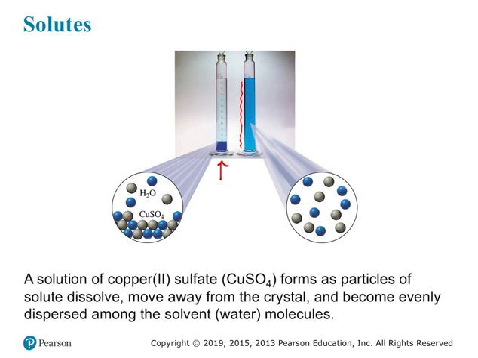And copper 2 sulfate also gives a solution a bluish color. So the solid is blue, and if we add it to water, eventually the water will turn blue as well because it's mixed with copper 2 sulfate.